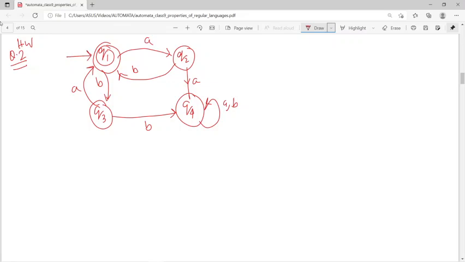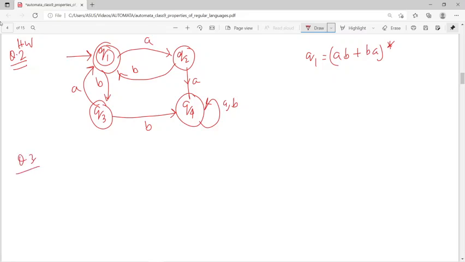So like that, and the answer should be q1 should be ab plus ba whole star. You will see whether you can prove it or not.